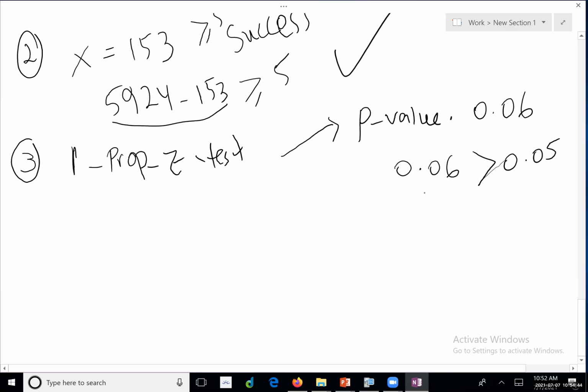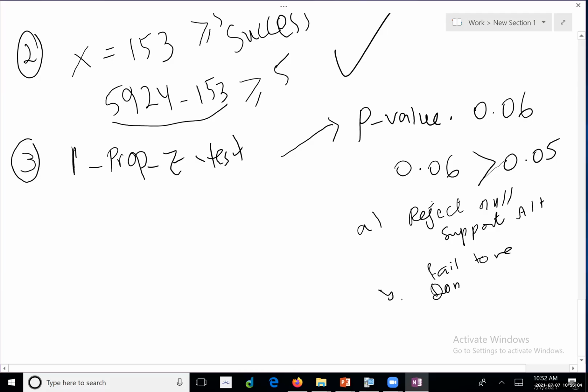So out of the two options, reject the null, support the alternative, that's A, or fail to reject the null, and do not support the alternative, that's B, which one do you say, A or B?